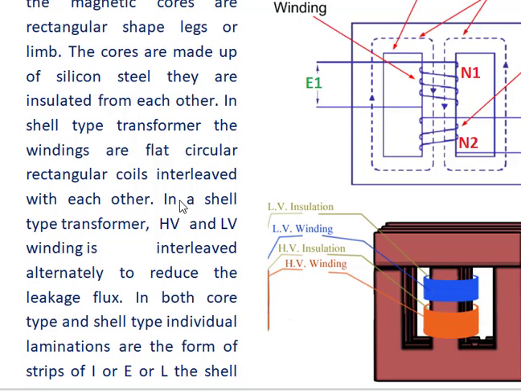In this shell type transformer, the windings are circular. They are flat circular rectangular coils interleaved with each other.